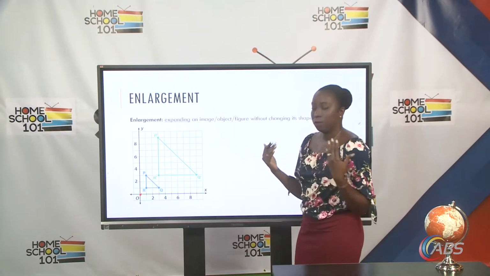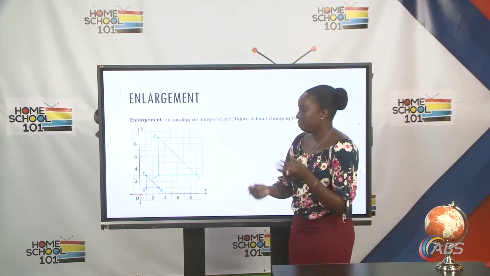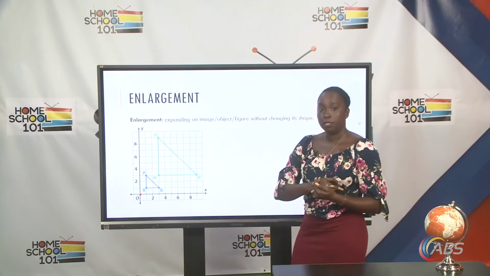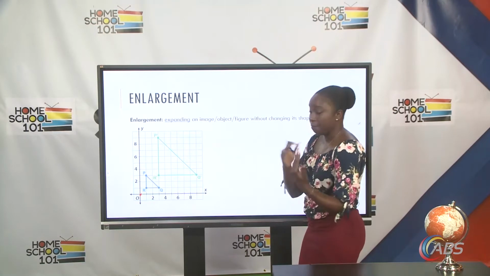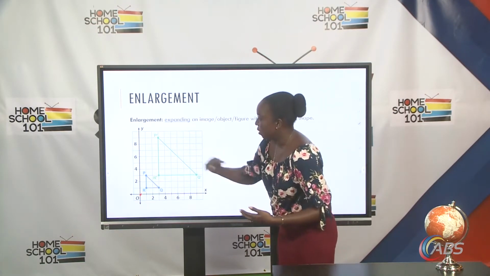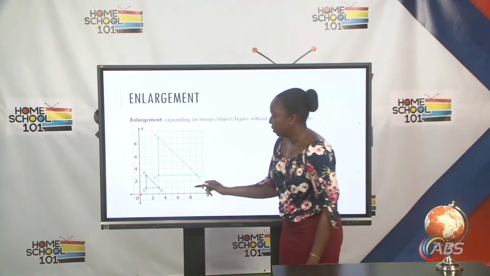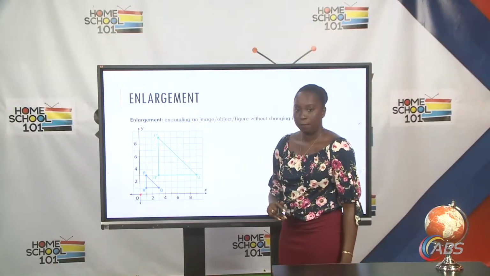So how we would know in terms of the scale factor, there's more than one way to do it. So we can count from the point of enlargement to any point, and then count again, either from the point of enlargement or the point you counted to the enlarged object, okay? So if I'm here at the origin, 0, 0, I'm choosing a point R. I went to the right one and up one, okay?